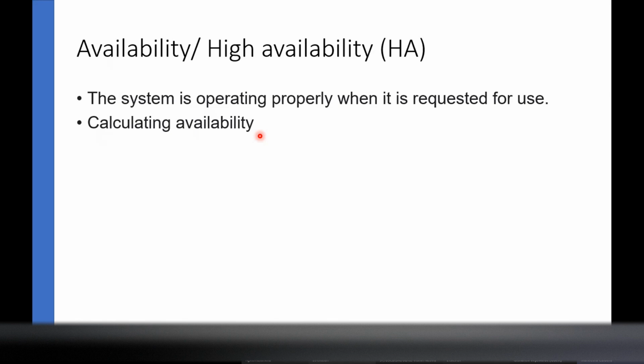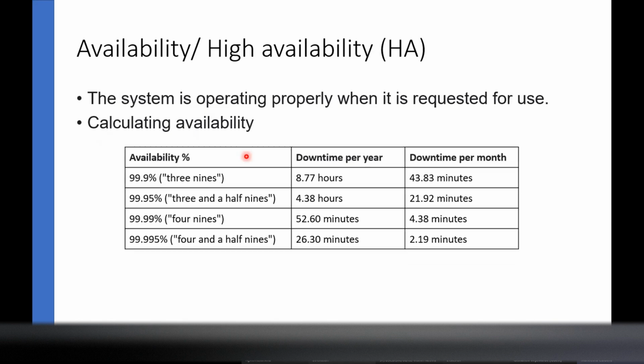Now, calculating availability is very important, especially when it comes to a highly available system. If you are telling us your system is highly available, you should know what this availability is and how to find it. Now, no system can work 100% perfectly.